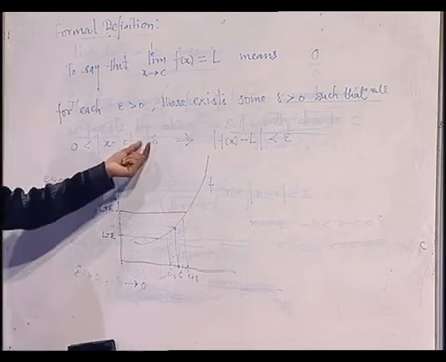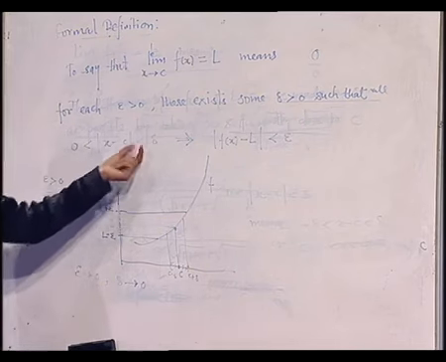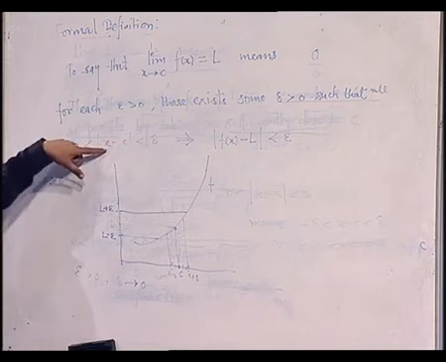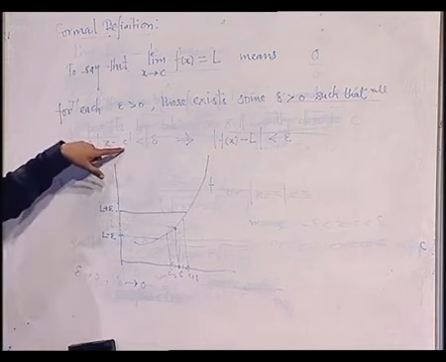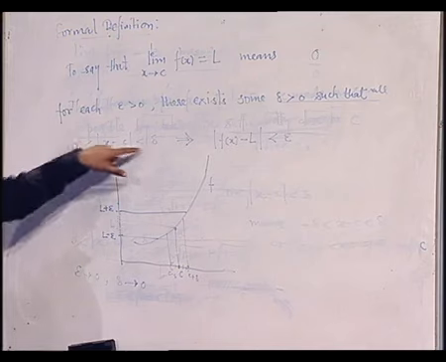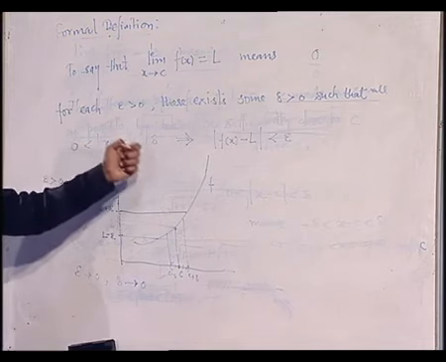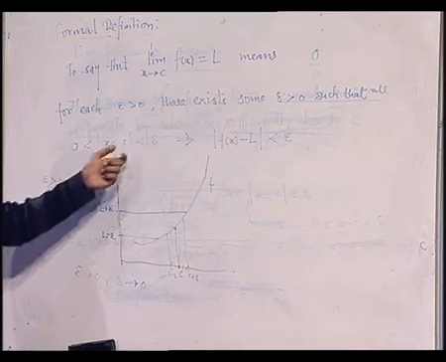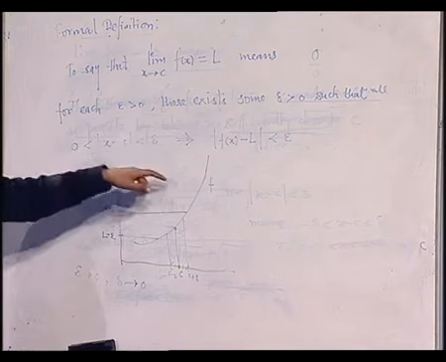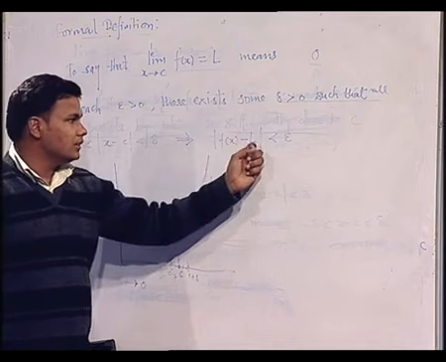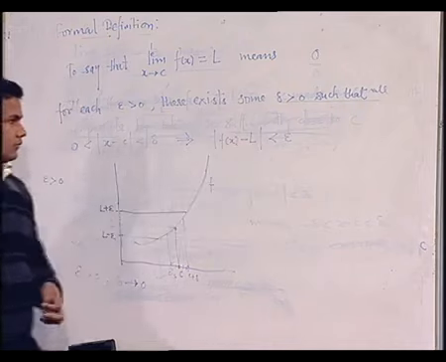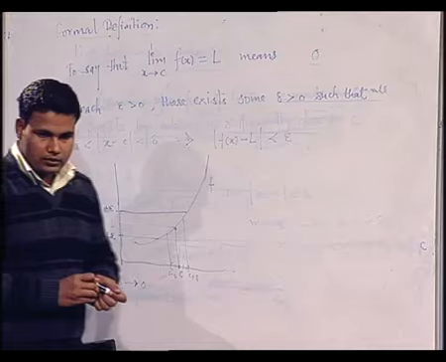Then when delta is very close to 0, it means that x is reaching c. Then only this difference can be very close to 0. So when x is reaching c, f(x) is reaching L. Okay.